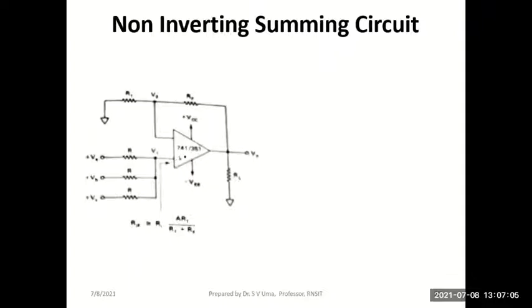Remember, op-amp has non-inverting and inverting terminals. I was getting negative output because I was giving all the inputs to the inverting terminal, whereas I will get positive output if I give all the inputs to the non-inverting terminal.